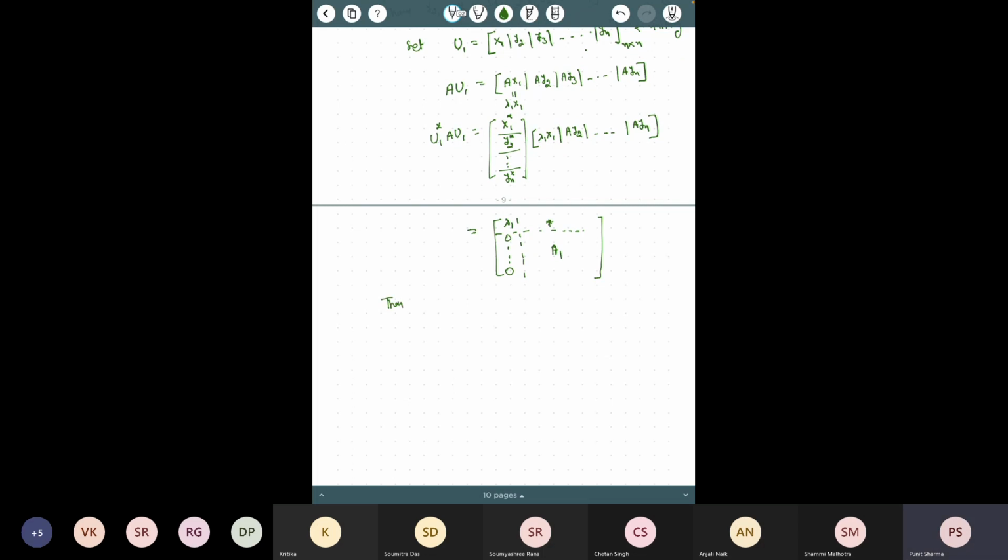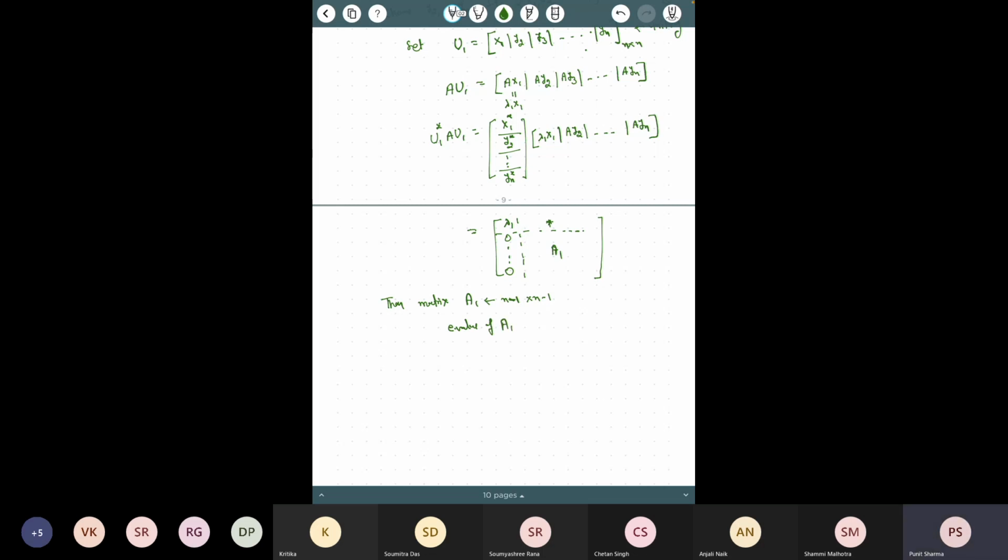Then you can see this matrix A1 is of size n-1 cross n-1. So A1 is of a smaller size now, n minus 1 cross n minus 1, and also eigenvalues of A1.